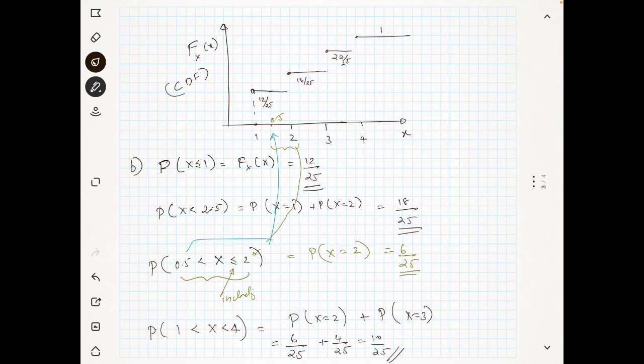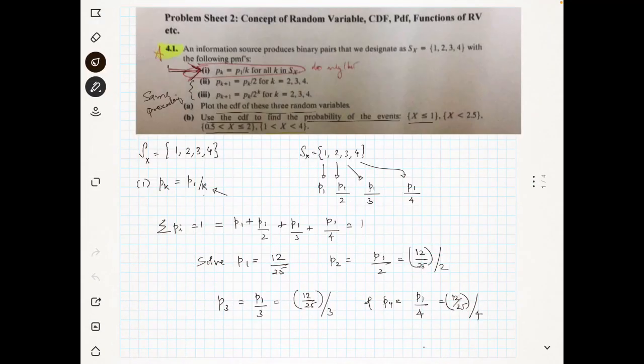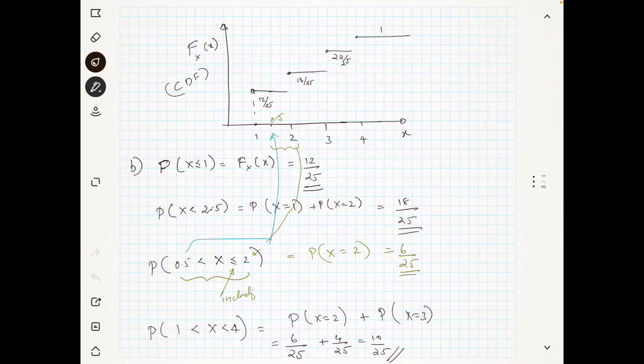So that's the answer. You can solve all these problems in the same way for the second part. For example, for the second probability, the relation is p of k plus 1 is nothing but p of k divided by 2. The outcomes of the random variable are 1, 2, 3 and 4.